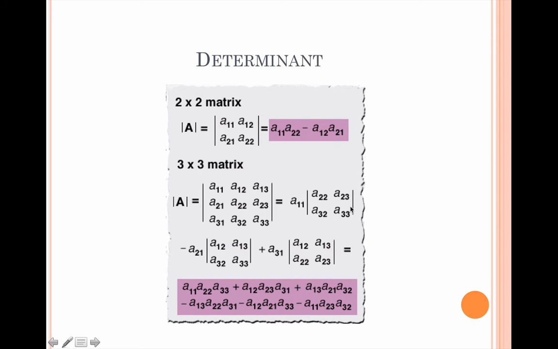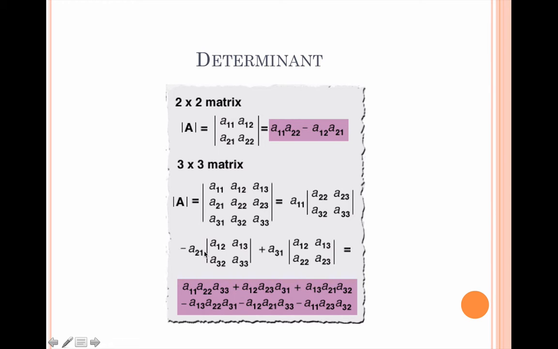Now for the sign of these three contributions we use the rule that if we add the two indices, A11 in this case, 1 plus 1 is 2, and if this equals an even number, then the sign is plus. If it equals an odd number, then the sign is minus.